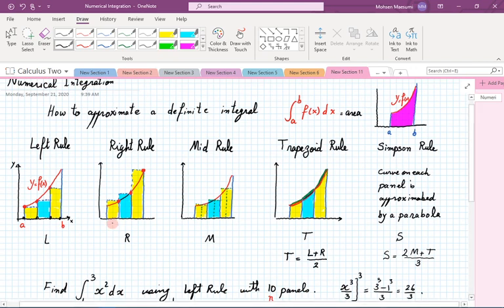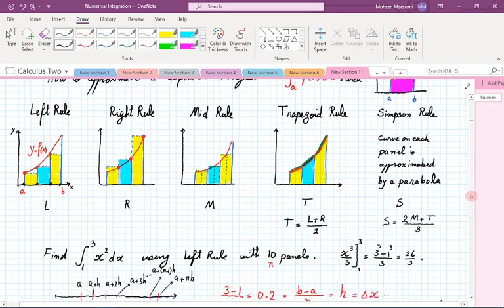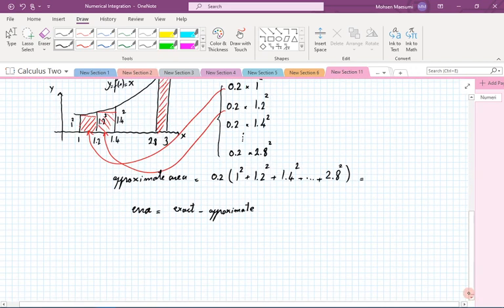What do you think is going to be the right rule applied to the same problem? What do we do with the right rule? So this one is going to be our left rule answer. My question is, well, the right rule is pretty similar to this thing. What would be the answer?